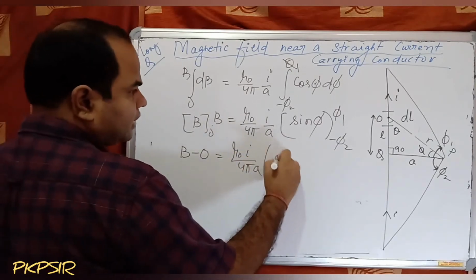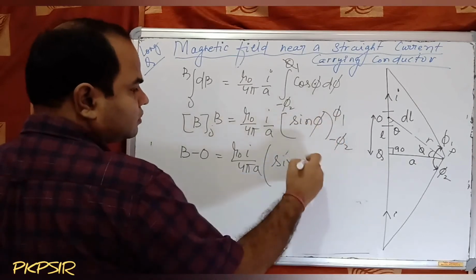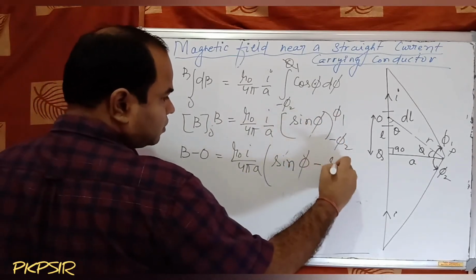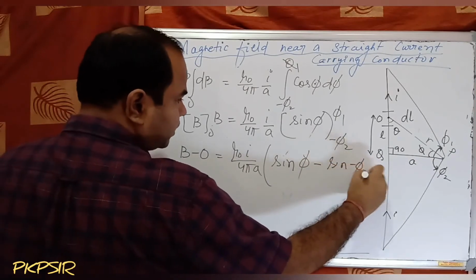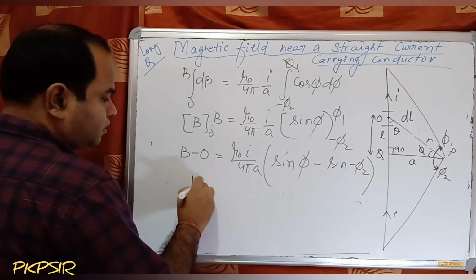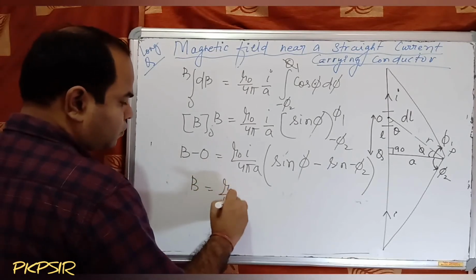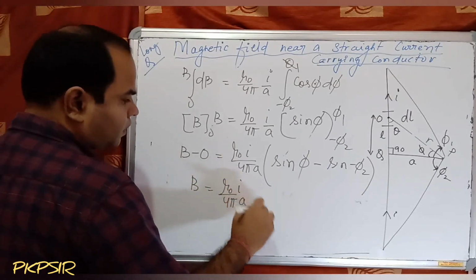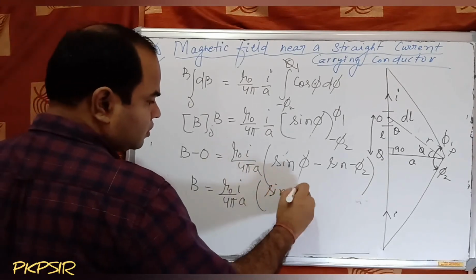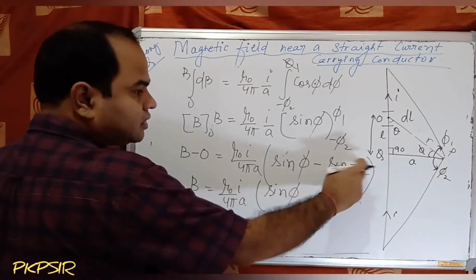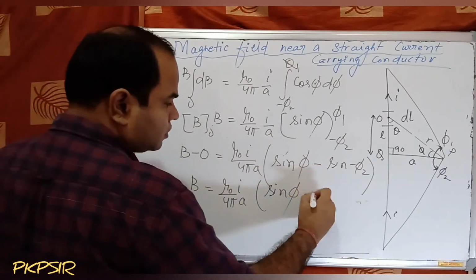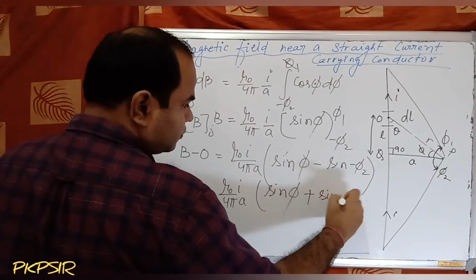So sin of the upper limit phi 1 minus sin of the lower limit minus phi 2. So B is equal to mu naught by 4 pi a times sin phi 1 minus sin of minus phi 2. Minus into minus is plus, so sin phi 2.